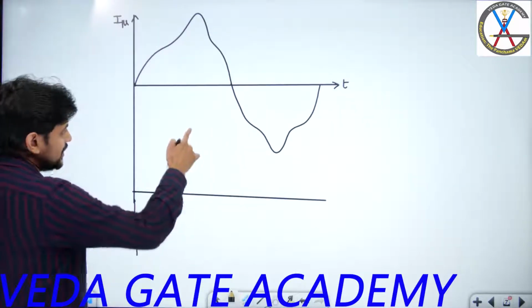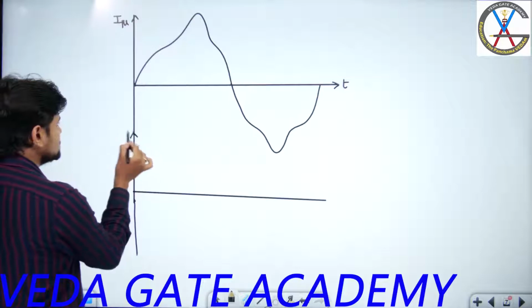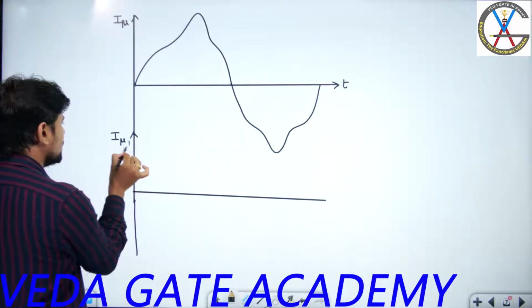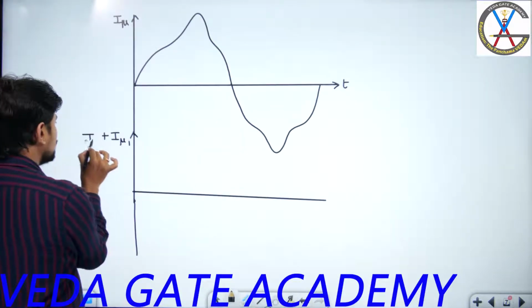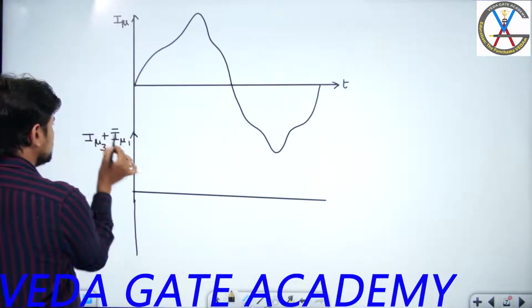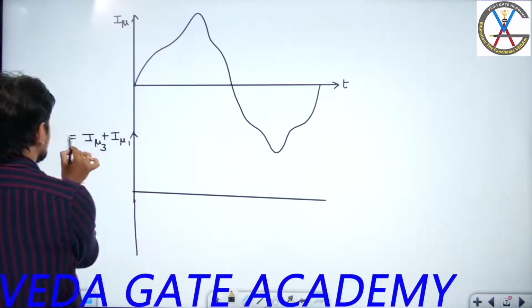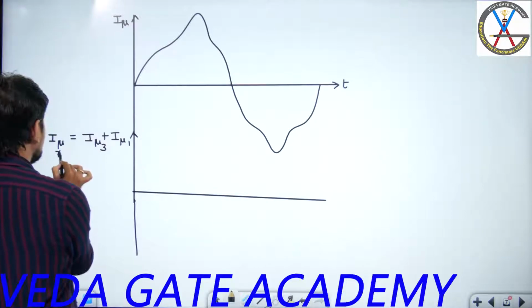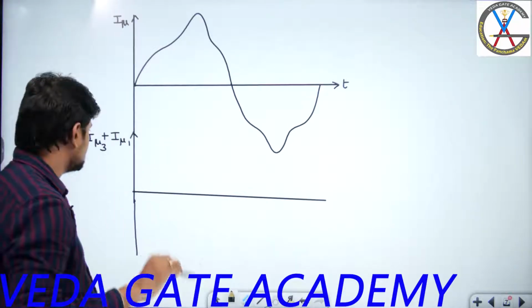Now, in order to get this resultant waveform, if I apply Fourier series analysis, it contains a fundamental component of current as well as a dominant third harmonic component of current. The sum of these two will give you the resultant current, and this resultant current must be this shape. See here.